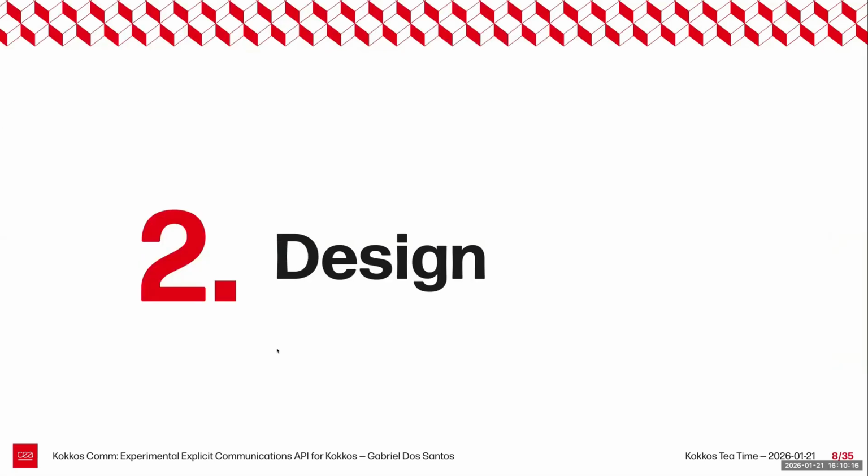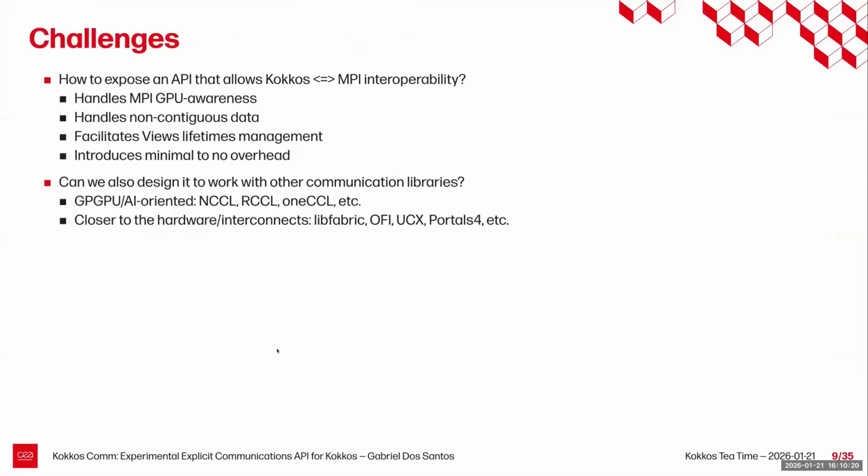So next, on to the design phase of Kokkos Comm. Our challenges are how do we expose an API that allows Kokkos and MPI interoperability, that is able to handle MPI GPU awareness, that handles non-contiguous data, that facilitates view lifetime management, and that also doesn't introduce too much overhead, and if possible, none at all.